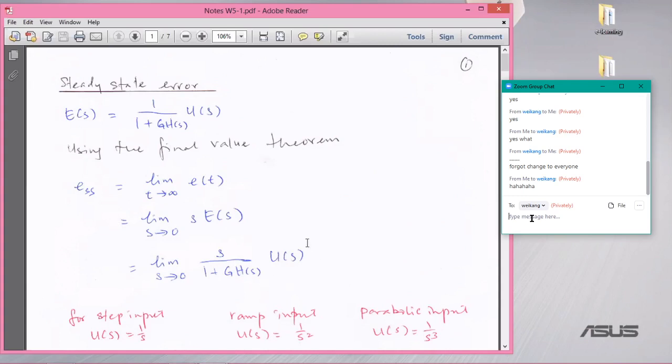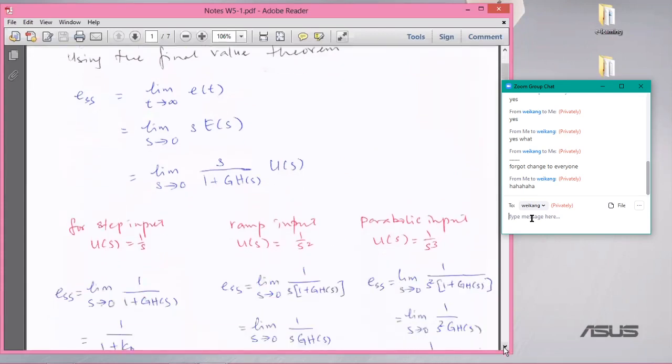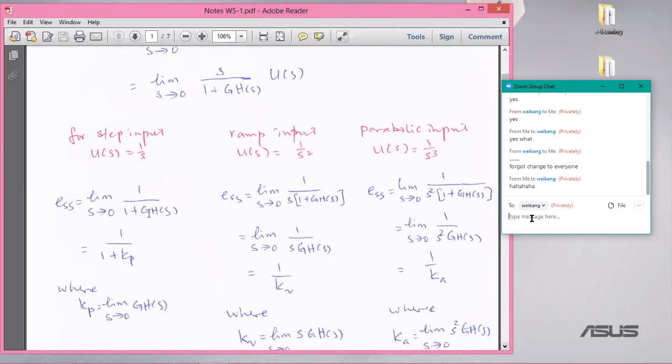So now we are going to look at different types of input. One of the factors that will determine steady state error is the input, which intuitively we know already, that if you give a different input signal it will generate a different steady state error. So now we are going to look at three types of input. For unit step input, U of s is just 1 over s.